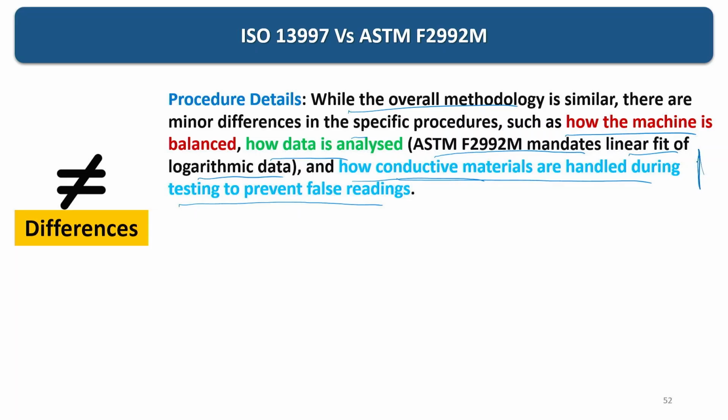So how these conductive materials are handled is different for these two specified systems. So, the differences are how the machines are balanced, how the data are analyzed, and also how the conductive materials are handled. Okay.